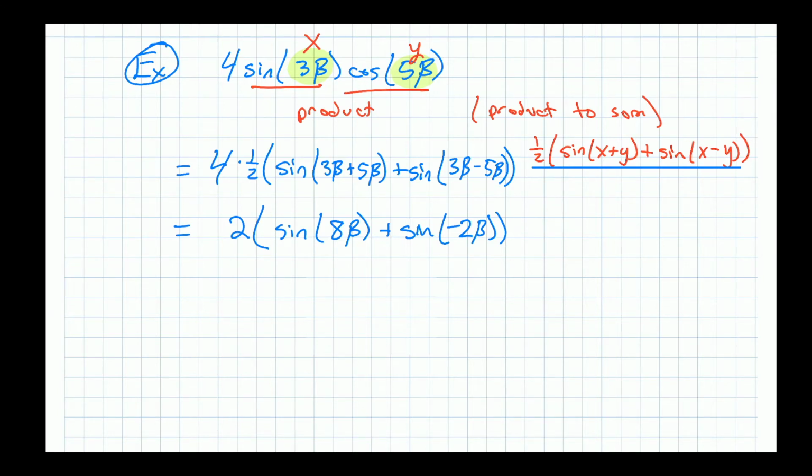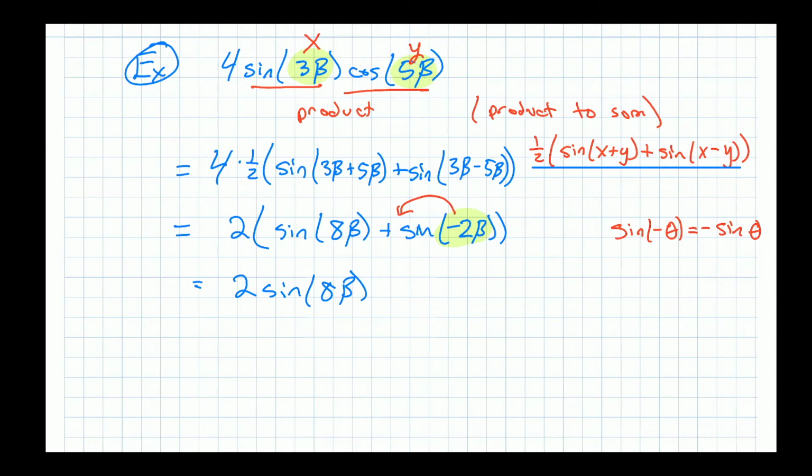Now, again, we have to think about this. We've got a negative 2 beta there, and that's why you're going to need to know that even and odd identity again, right? Sine negative theta is negative sine theta. So you take this minus basically and you move it out front, is how it works for a sine. So we're going to get 2 sine 8 beta.